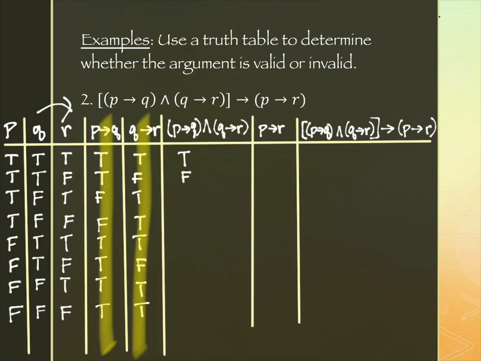Row 3 is false and true. Row 4 is false and true. False. I have true and true. Row 6 is true and false. Row 7, true and true. And then the last one's also true and true.